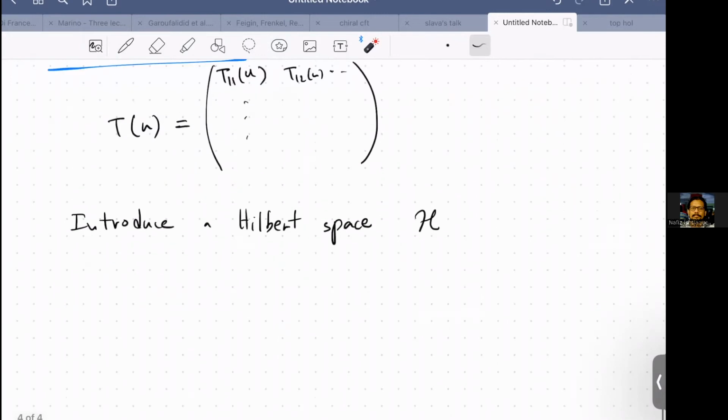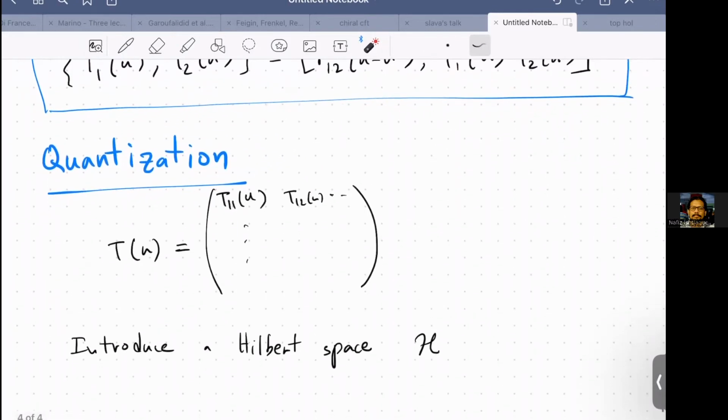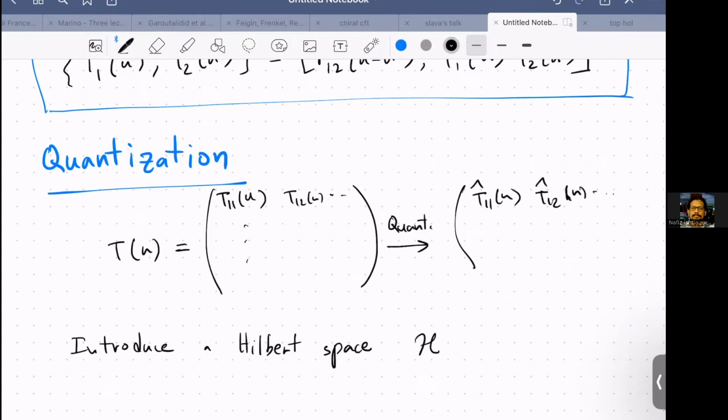Actually, before writing the brackets, let's deal with this matrix part. What happens when we promote these to operators on Hilbert space? Let's call that quantization. When we promote a function of phase space to an operator on Hilbert space, we put a hat over it: T11 hat of U, T12 hat of U, and so on.